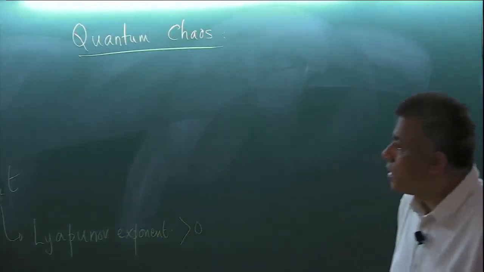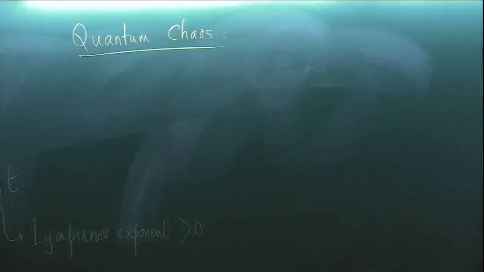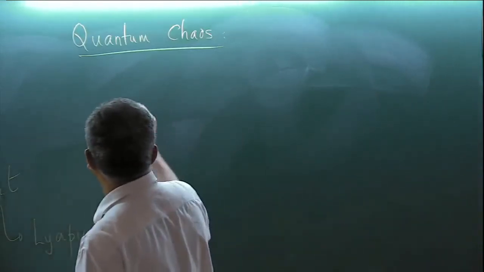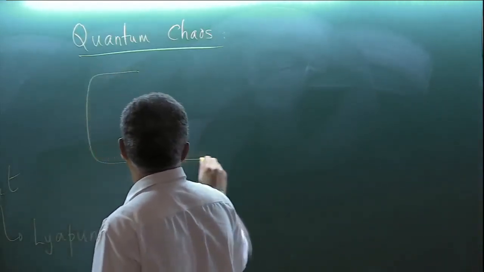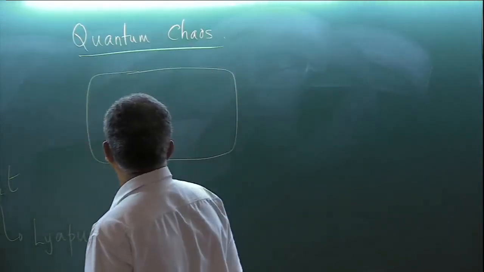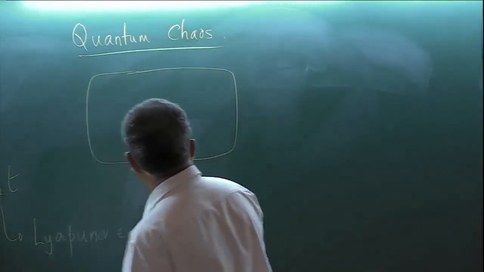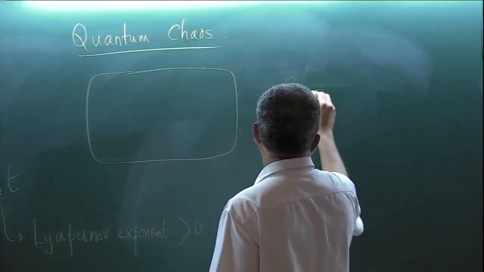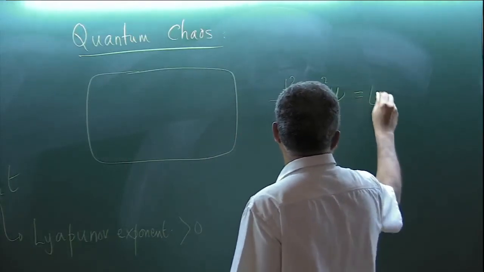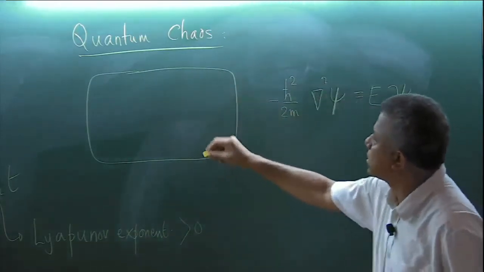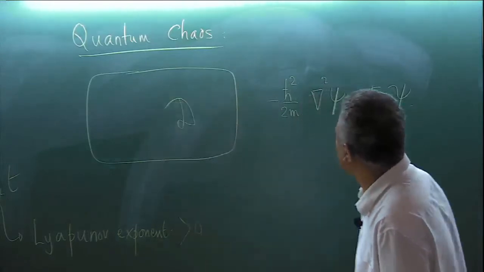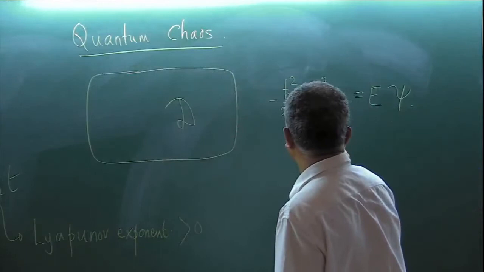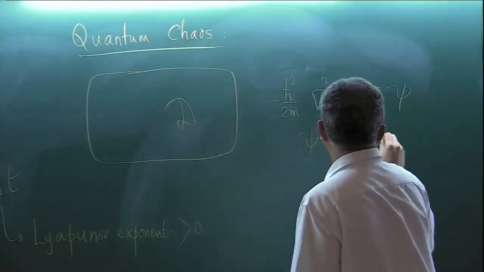Now, quantum mechanically, I don't have the concept of trajectories. Quantum mechanics only tells me that I have a single particle inside this geometry, rectangle or billiard. It is a free particle, and I just want to solve the Schrodinger equation inside this boundary domain with appropriate boundary conditions, which you can take to be the Dirichlet condition, that psi is equal to 0 on the boundary.